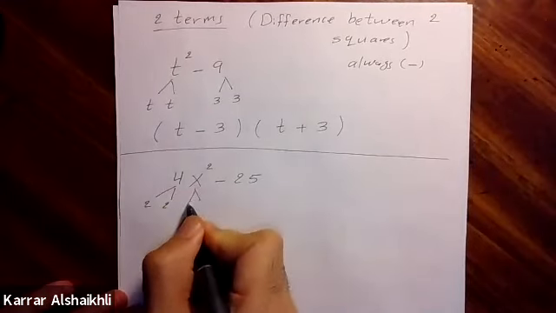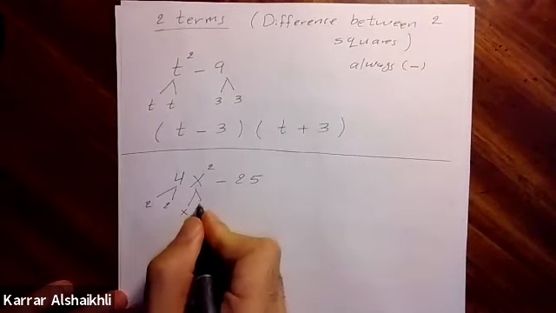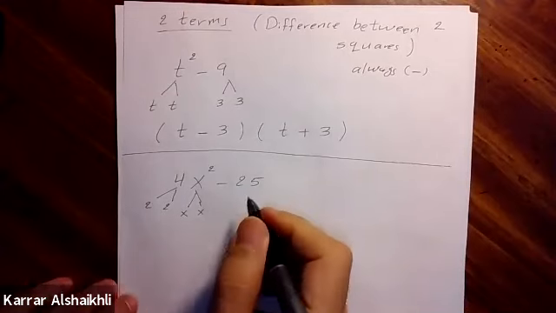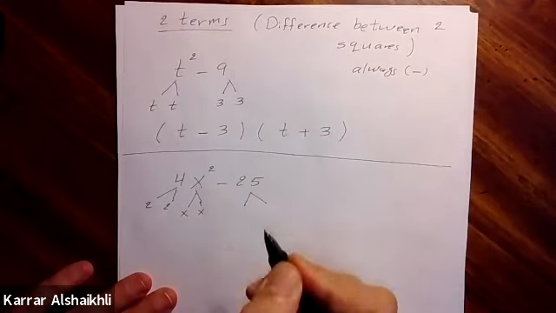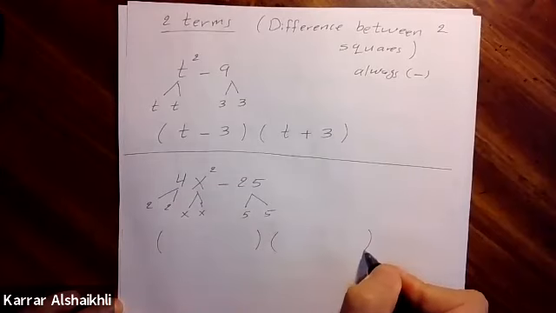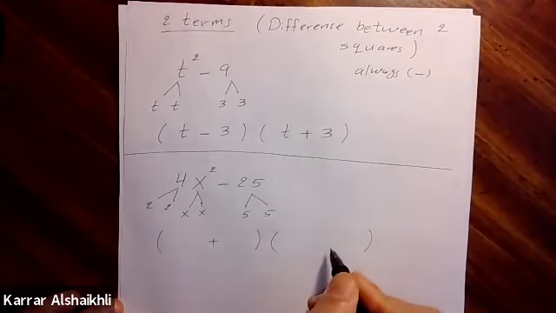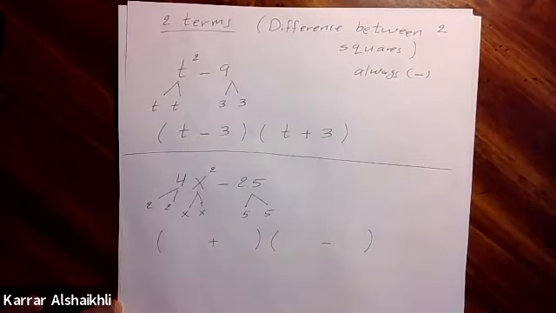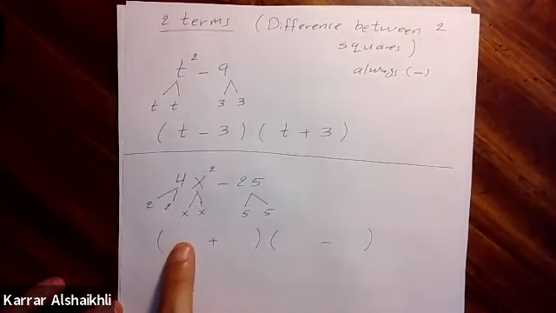What about the x? x times x. The 25 is what? 5 times 5. Now I'm gonna open two parentheses. One plus, one minus. You see? Minus plus, plus minus, it doesn't matter. What am I going to write down here?